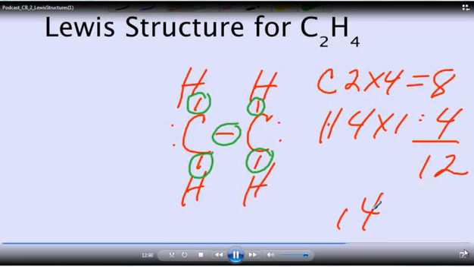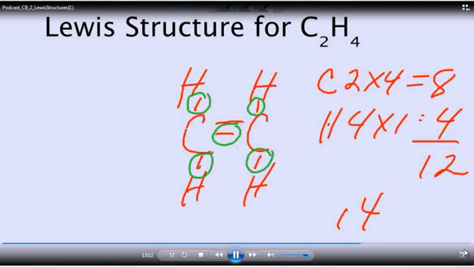So what I have to do, this is why it's good to do these in pencil, is I have to erase a pair. And I'm going to erase that pair. When I do that now, though, I only have 2, 4, 6 around this carbon. So what I need to do is take this pair right here, and I'm going to move it in here. When I do that, I have got to erase it from over here.